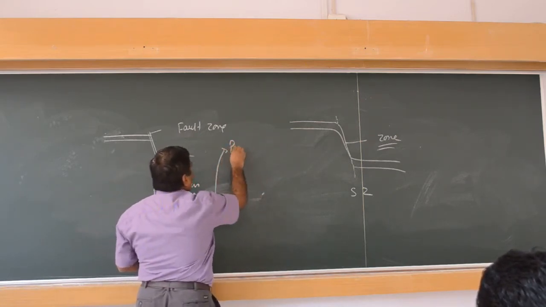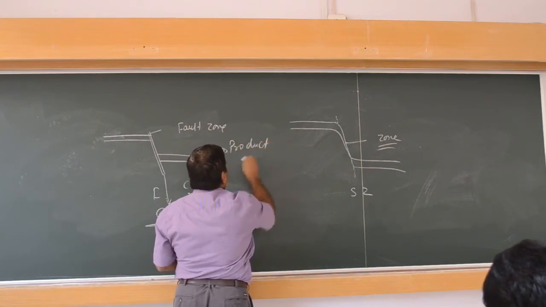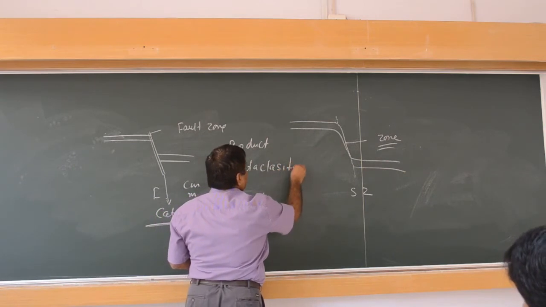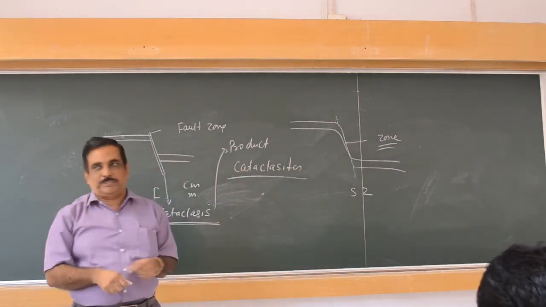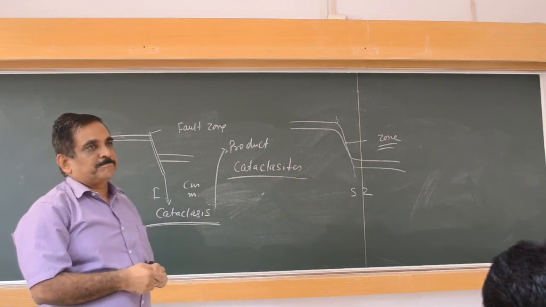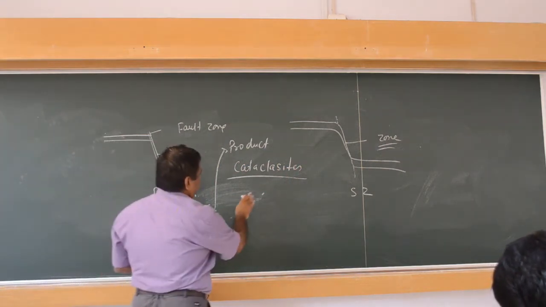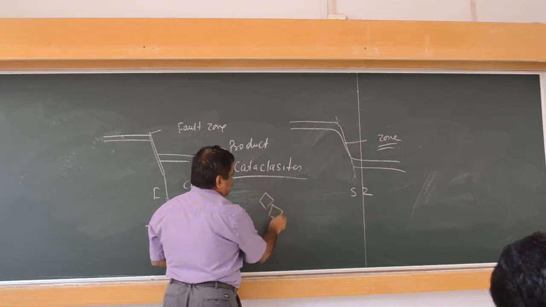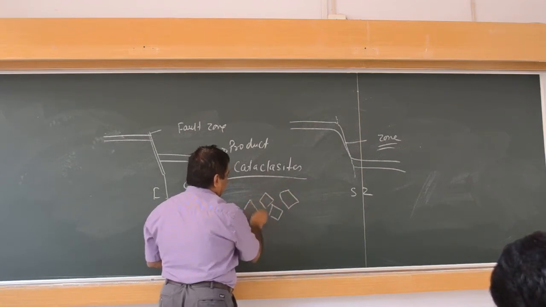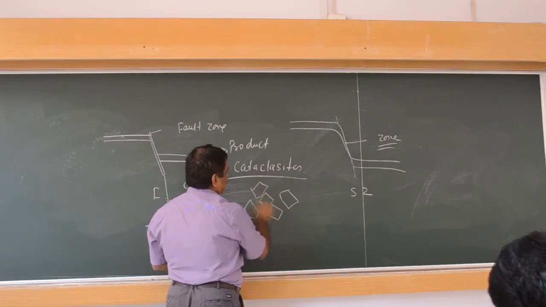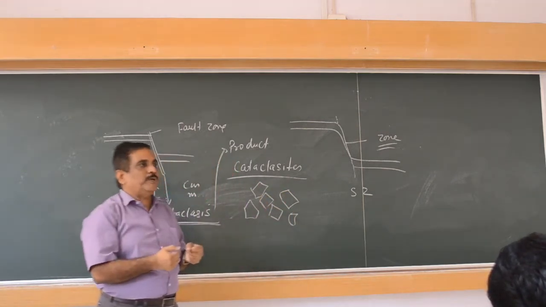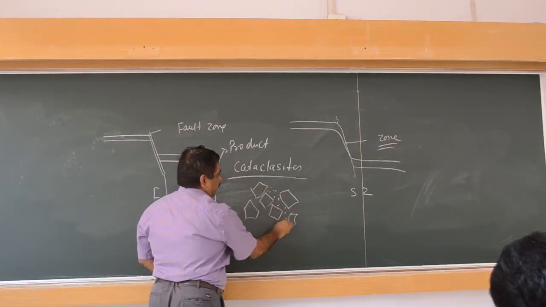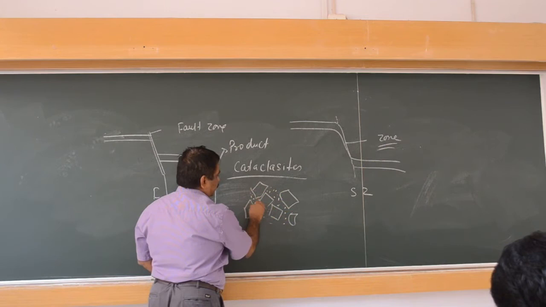The product is called cataclasite. T comes in. Cataclasite. So cataclasite will have angular fragments like this, because this is mechanical grinding you are doing, and there will be very fine grained powders here and there.